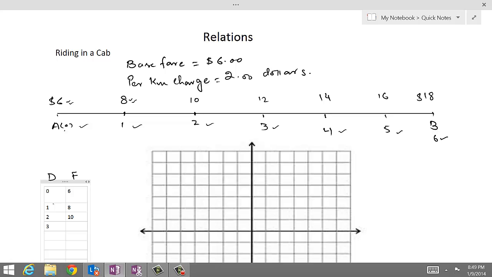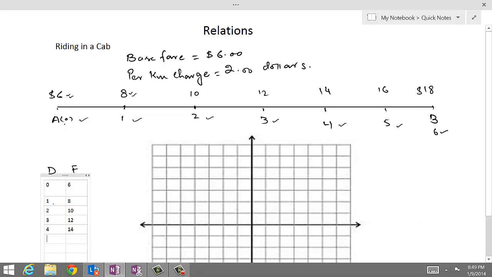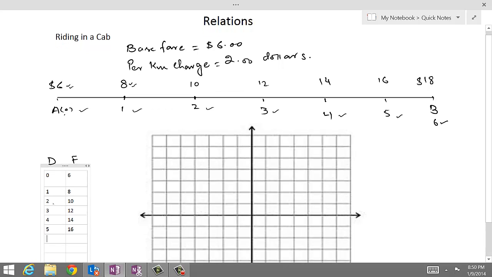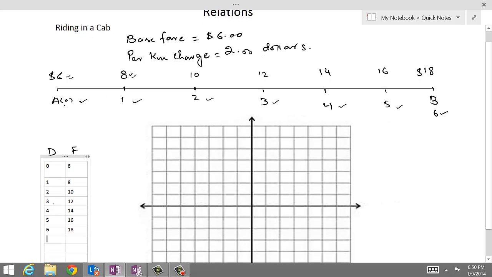For 3, it's 12. For 4, it's 14. For 5, it's 16. For 6, it's 18. And that's how we can continue doing this.